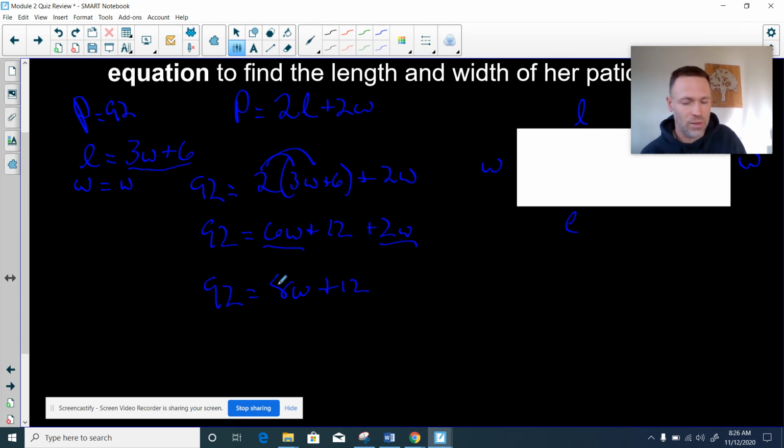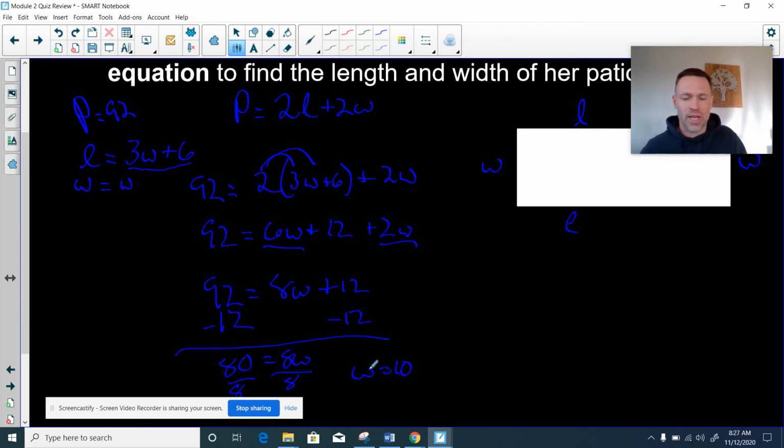So this is just a 2-step equation now. I'm going to subtract 12 from both sides. I get 80 is equal to 8W. Now just divide by 8, and W is equal to 10.